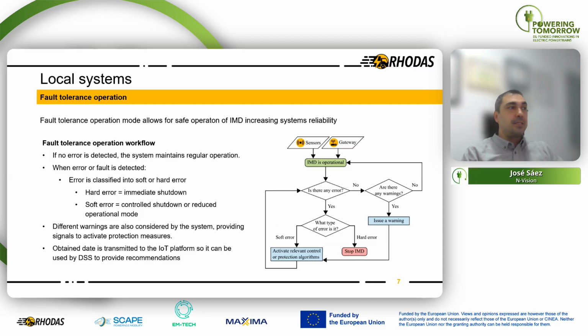In the case that a soft error is detected, which means that it is not that critical but potentially dangerous, a controlled shutdown is implemented, or, depending on the situation, a reduced operational mode is applied. In this case, what we do is limit the maximum voltage and the maximum current that can be applied in order to avoid overheating or overvoltage situations.